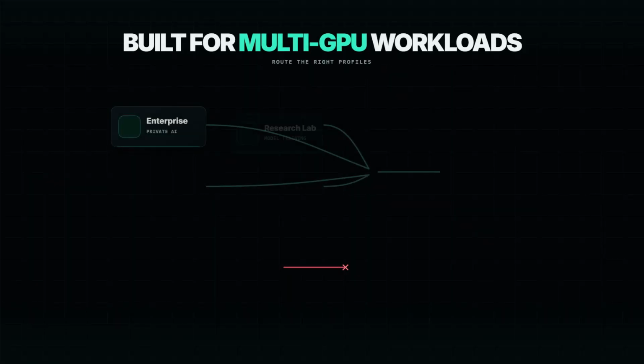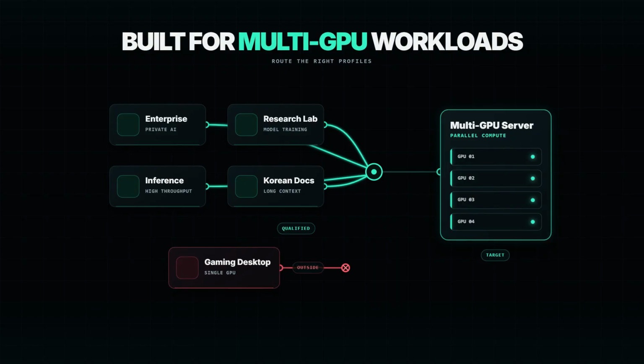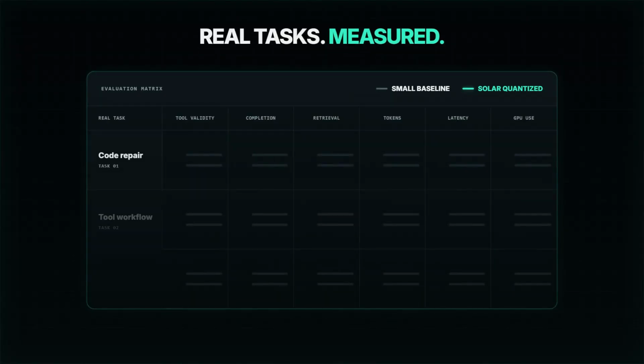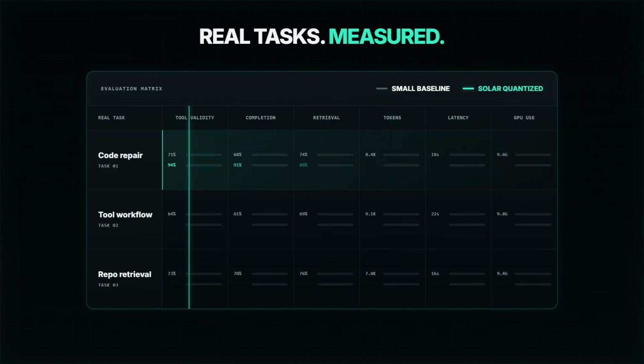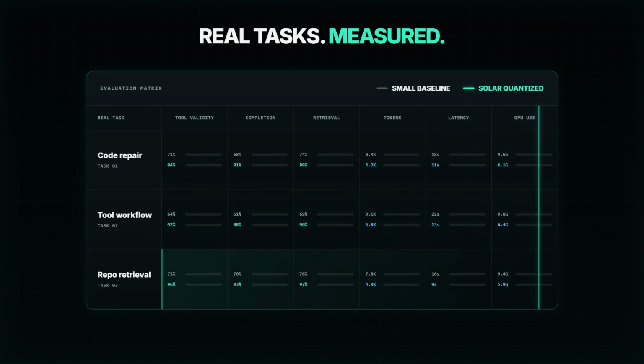Solar Open 2 is most relevant to enterprises, labs, and service providers with multi-GPU infrastructure, sensitive documents, Korean workloads, or enough repeated agent traffic to justify self-hosting. Start with your hardest real tasks. Measure tool call validity, completion rate, long context retrieval, tokens consumed, latency, and GPU utilization.